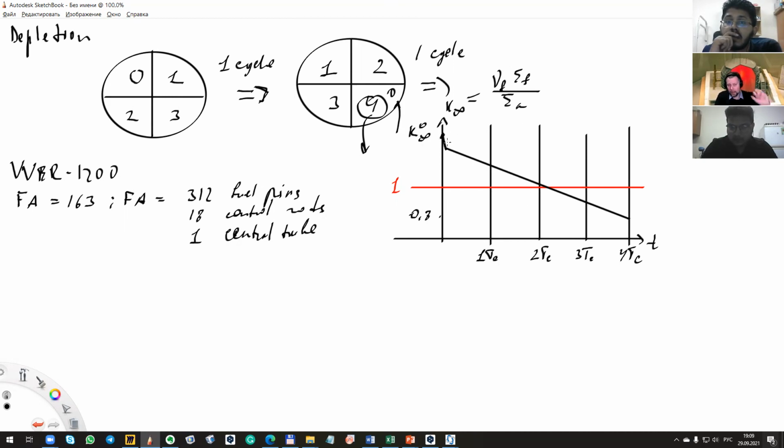So the fresh fuel, you see, has a surplus of neutrons, because the K-infinity is too much compared to 1. And further, after the second, third, and fourth cycle, the neutrons need to be supplied from the fresh fuel. You see, there is the reason for reloading this process.